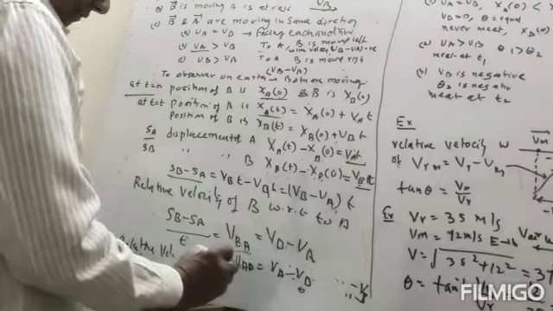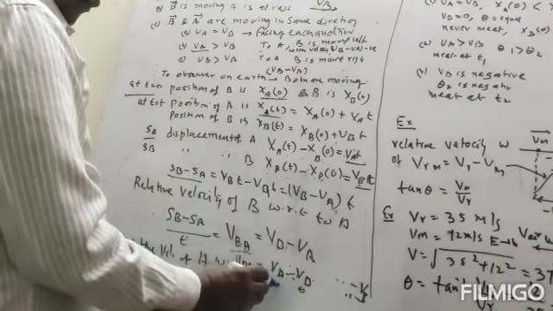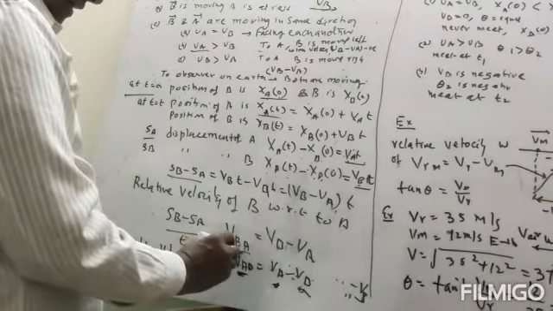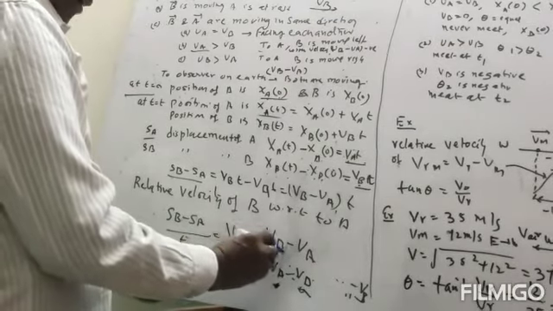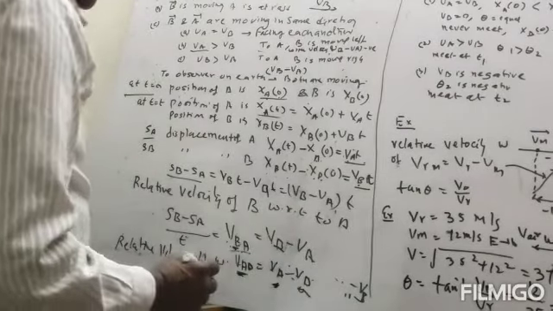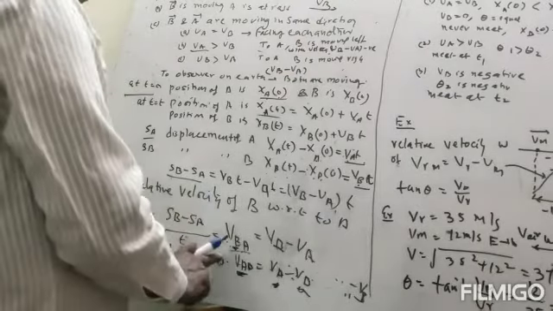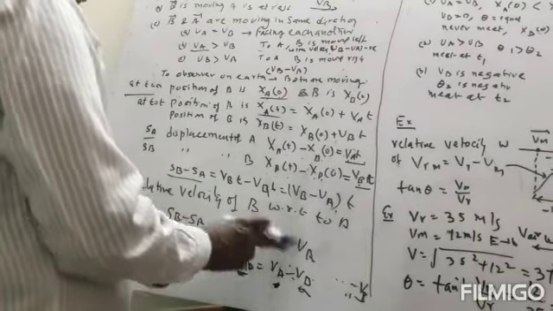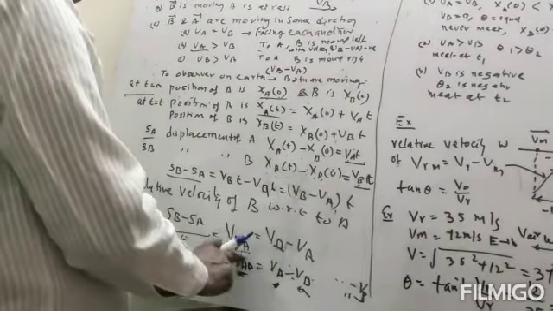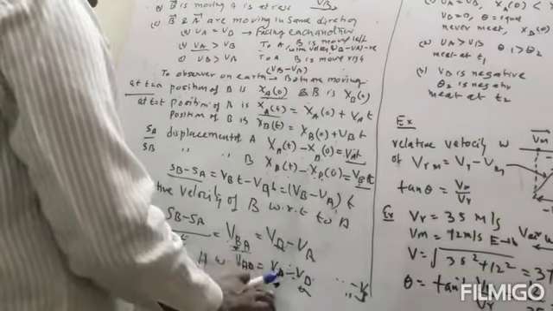So first you write velocity of A minus velocity of B. In this way we can write the relative velocity of one person or one train to another train or one person to another person as VBA is equal to VB minus VA, and VAB will be equal to VA minus VB.